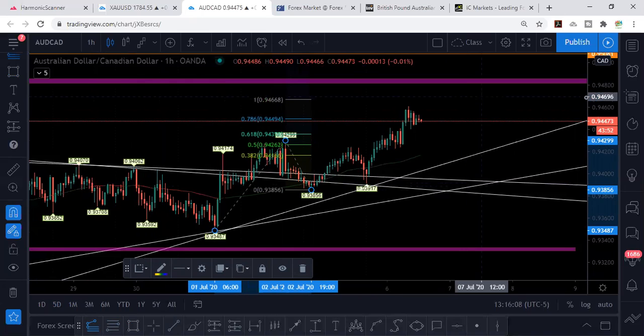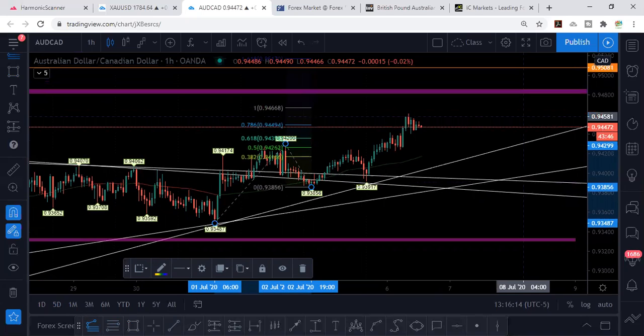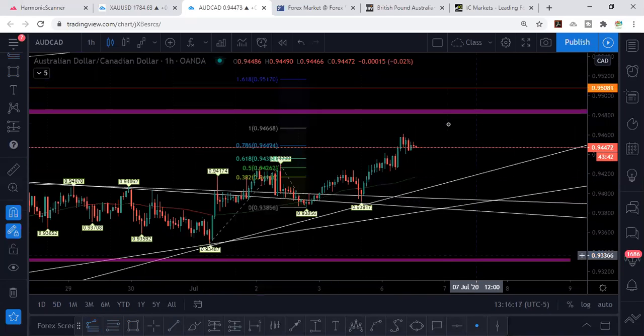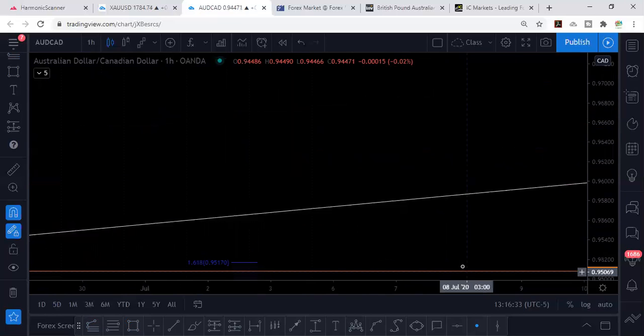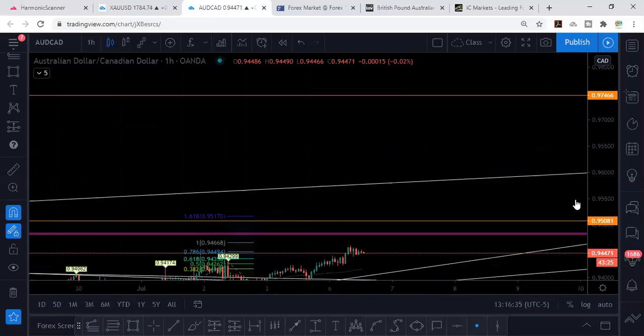This is 9447, 9480. Really you can wait before you get in a buy above this purple zone. Or better still, if you have enough patience, wait about 60 pips for it to break above here. When it breaks above here, you have a good buying opportunity to here and to here.